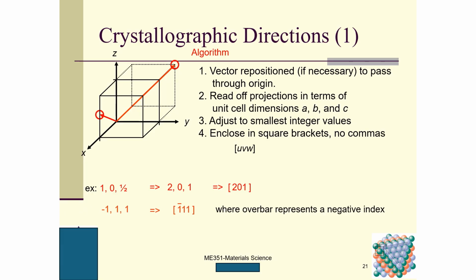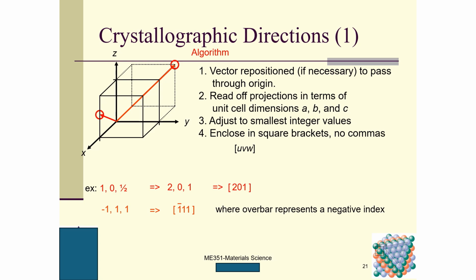So the second example is minus 1, 1. A bar over a number represents a negative index. This is x, y, and z. So this guy's coordinates equal minus 1, 1, 1.